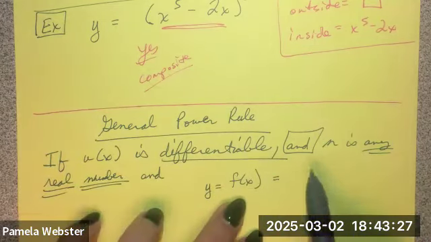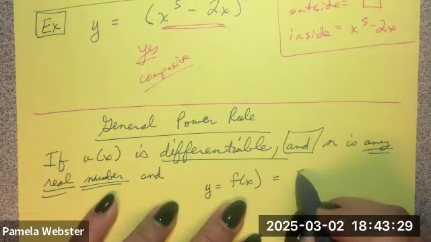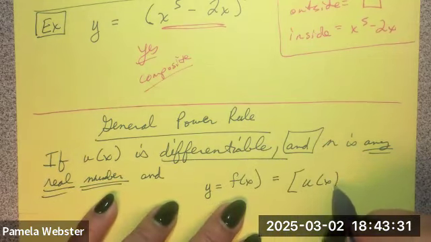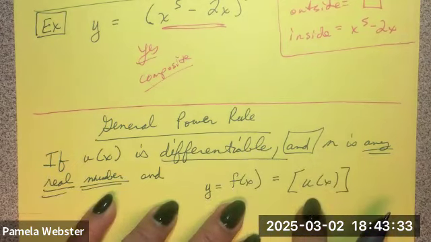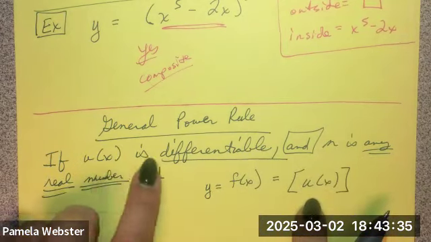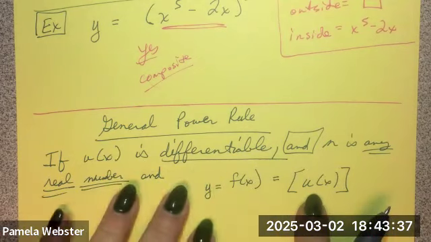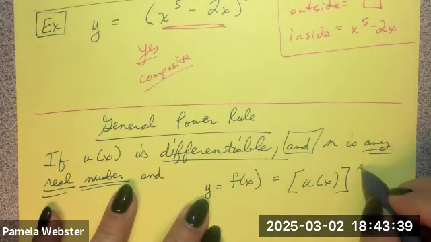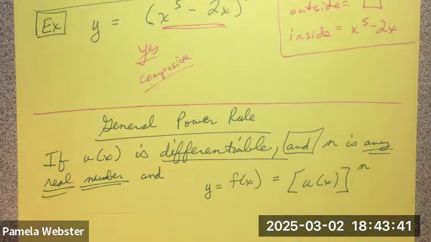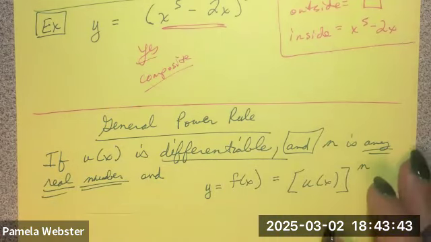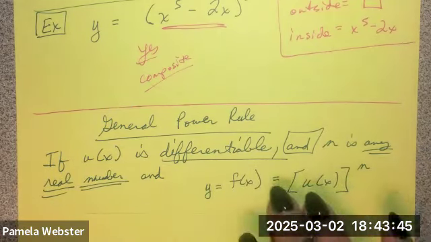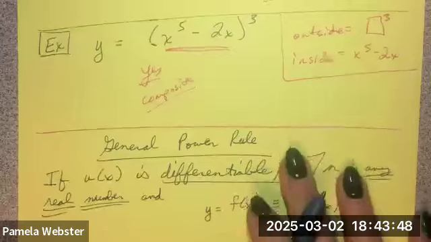Then y equals f of x equals, be careful with this, u of x, that's the function, the inside guy, raised to the n power. I didn't say this when we did these earlier, but come back down here.